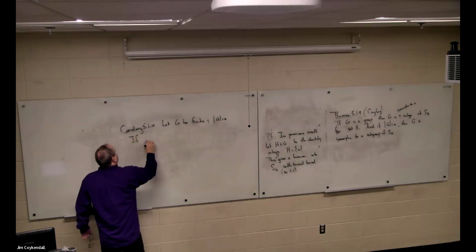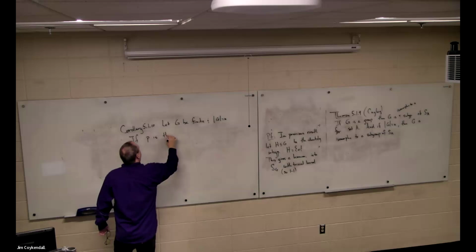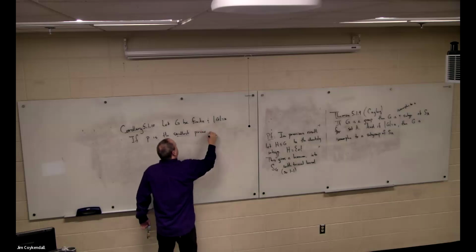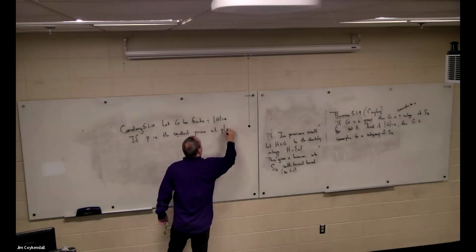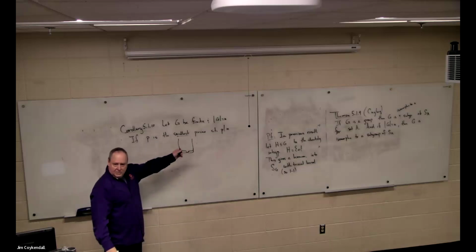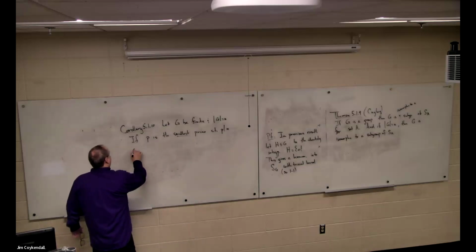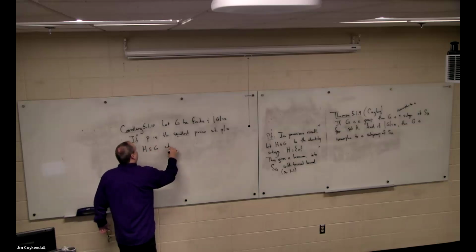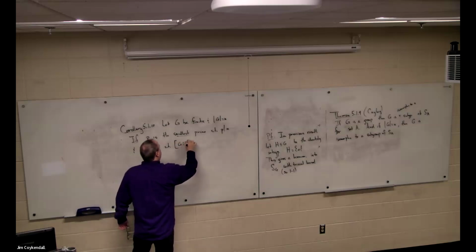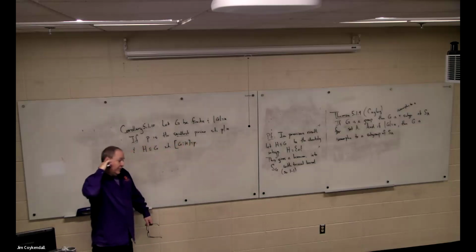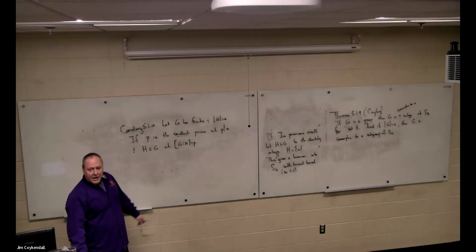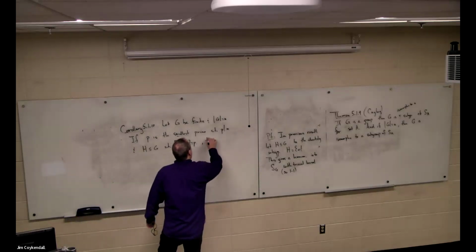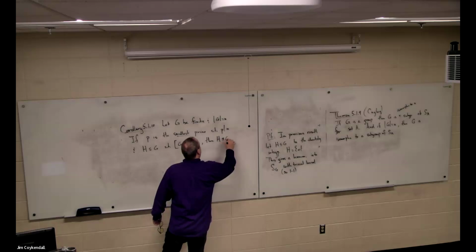If p is the smallest prime such that p divides n, so take the smallest prime that divides n, and H is a subgroup of G such that the index of H in G is p, so H is a subgroup of the smallest prime index. I don't claim that H exists in general, but if it does, then H is normal in G.